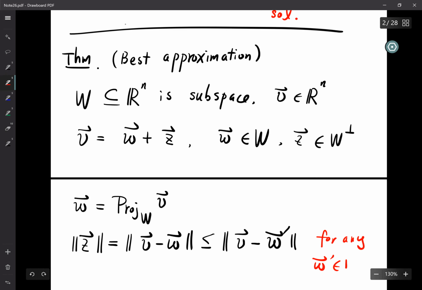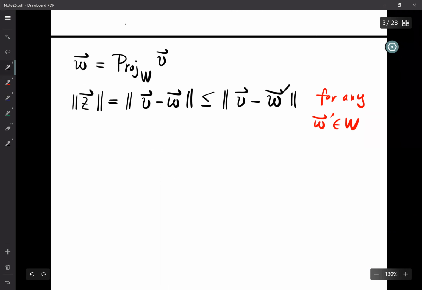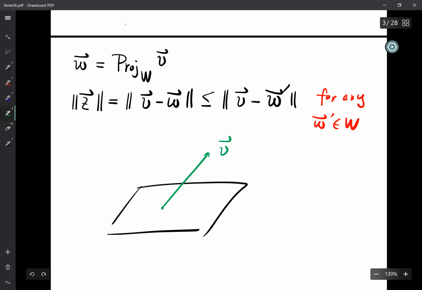As we talked about last time, the idea is rather intuitive from the geometric perspective. This is the origin, and I have a vector V. This is the projection onto W. This is the orthogonal vector, called Z. Now, if I pick any extra W prime, we can still measure the distance, V minus W prime.